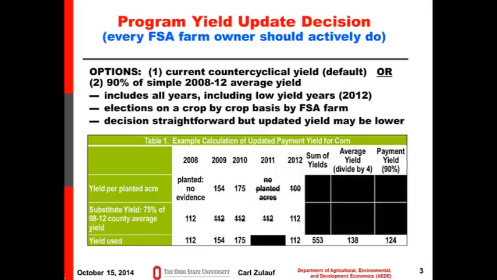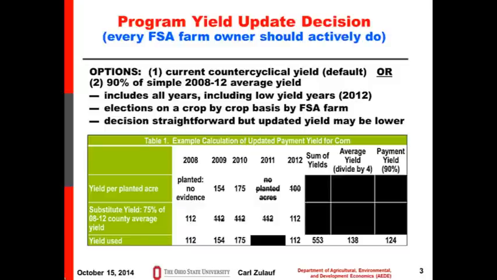And so when you're reporting yields for a year, or when you're reporting the production that will be used to calculate the yields for that year, you need to consider whether you can verify those yields should you be selected for verification purposes by the Farm Service Agency or FSA. And that's an important consideration.